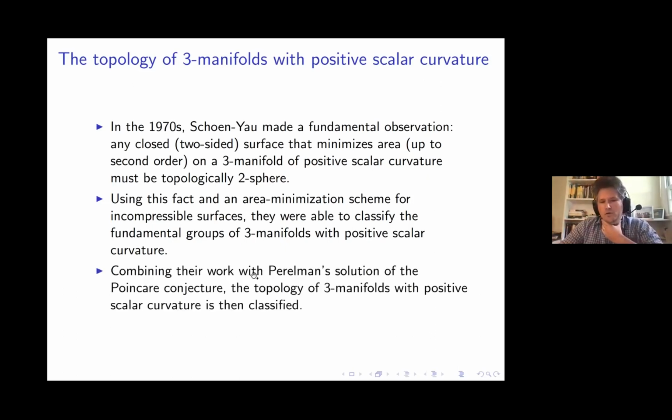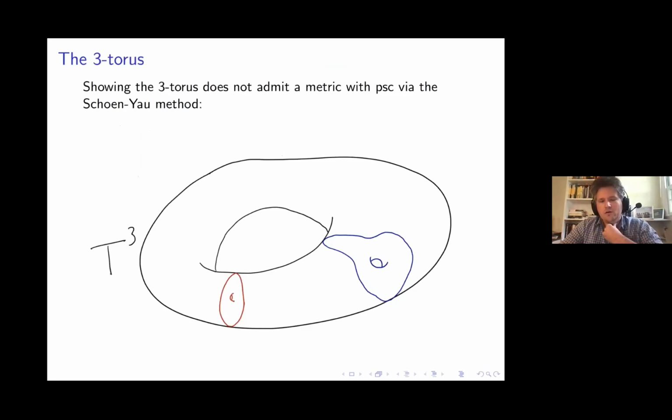So I have a basic picture here, for example, for the three-torus. Basically, this is what the minimization scheme is like. In the three-torus, you start with a two-torus which is incompressible. In other words, the fundamental group of this two-torus here in blue injects into the fundamental group of the three-torus. And it turns out that you can start minimizing the area of this two-torus. You start moving it, right, in that class of all the surfaces that have the same action on the fundamental group level.